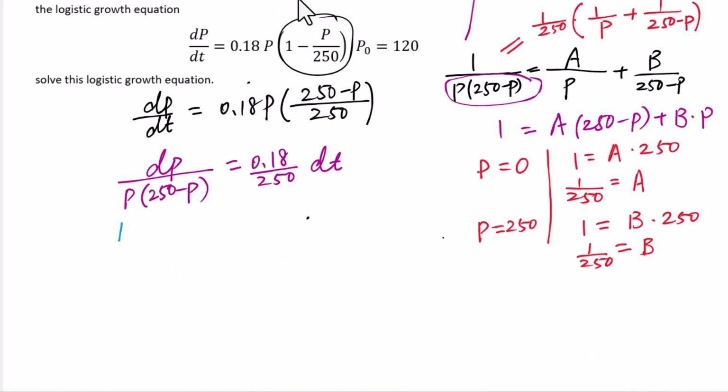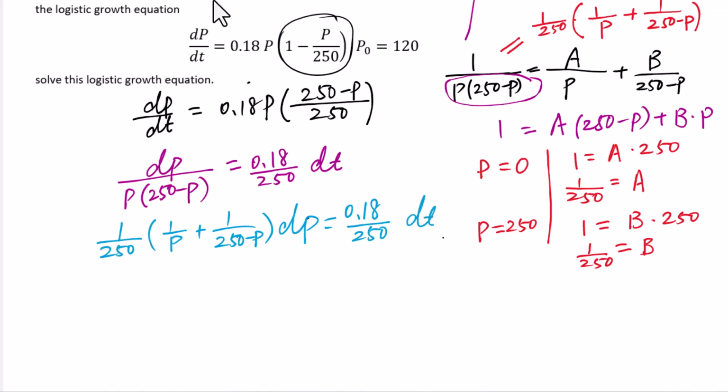So we got 1 over 250 times (1 over P plus 1 over (250 minus P)) dP equals 0.18 over 250 dt. Get rid of 250, then take the integral of both sides.